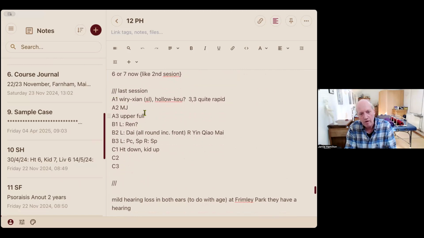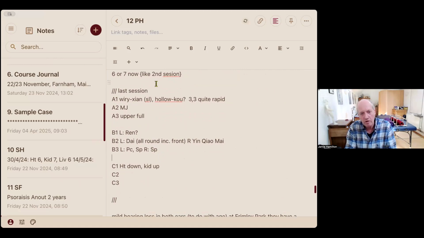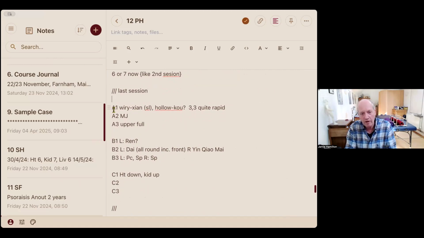I'll just separate it so it's easier to see. A1 is wiry, slightly worried, hollow. This is all on the left and 3. On the right, 3 and quite rapid. The middle jiao is full and the upper jiao and the upper layer are full.